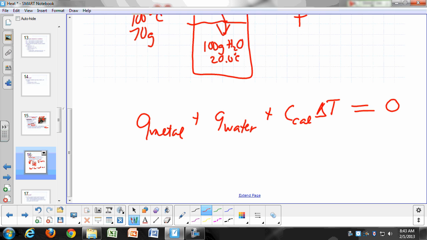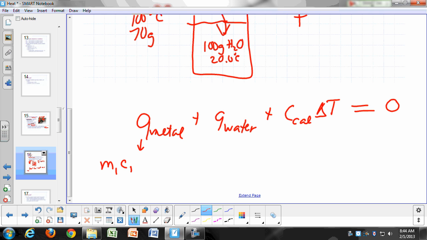Okay. In a calorimeter, all the Q's add up to 0 because your calorimeter is an insulated container. So any heat lost by any part of anything inside the calorimeter has to be gained by some other thing inside the calorimeter. So what's the formula for Q metal? Mass of the metal. So I'm just going to call that M1.